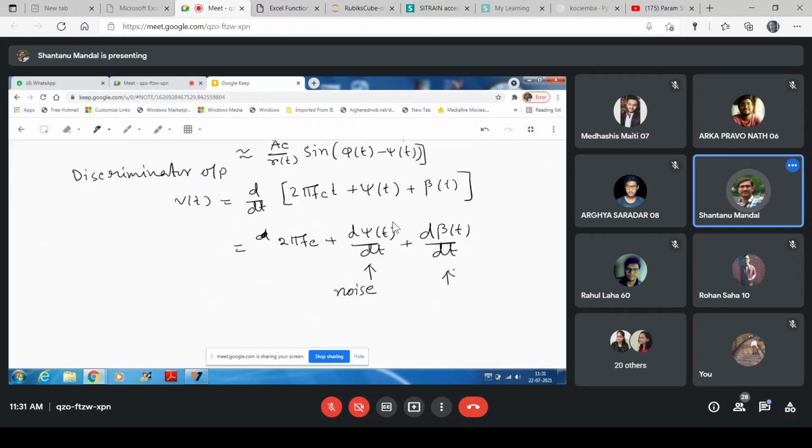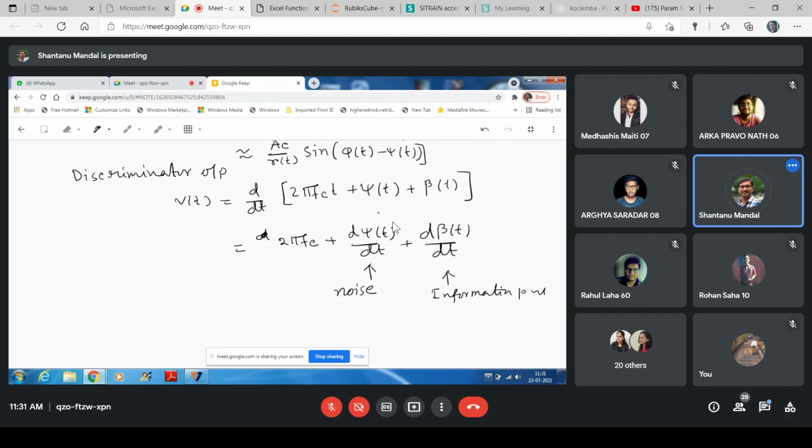Beta t is considered to contain the information.